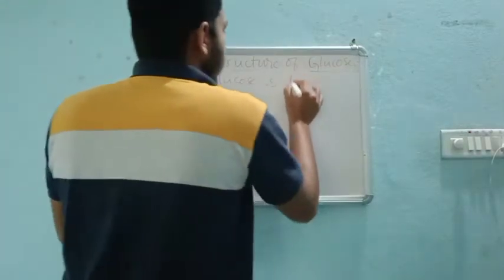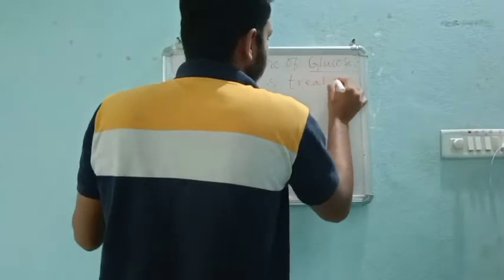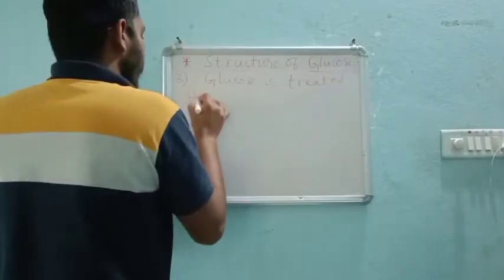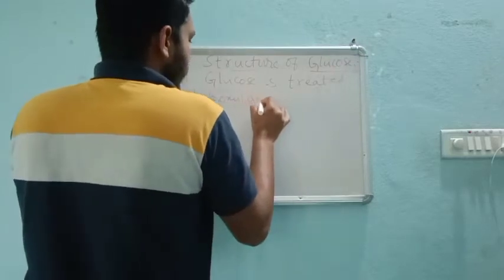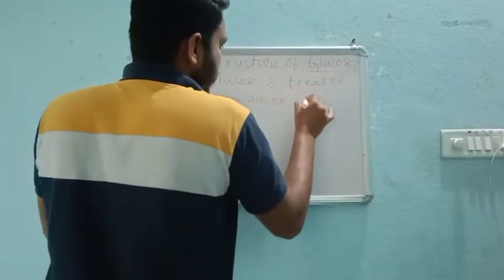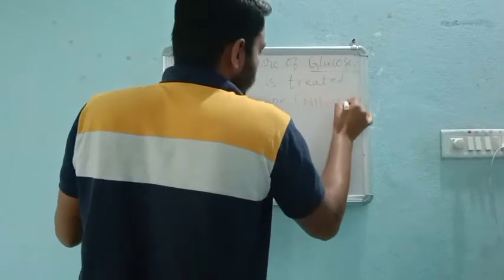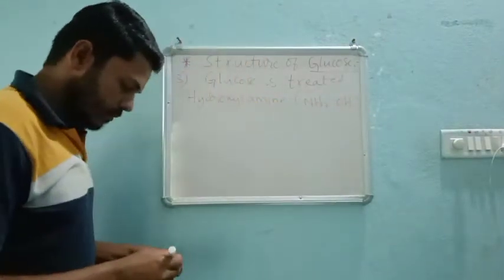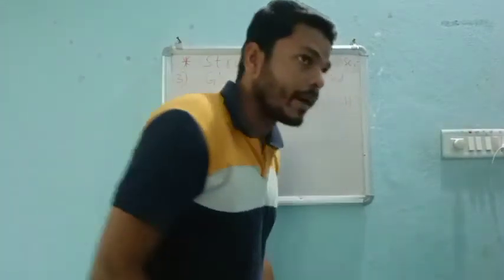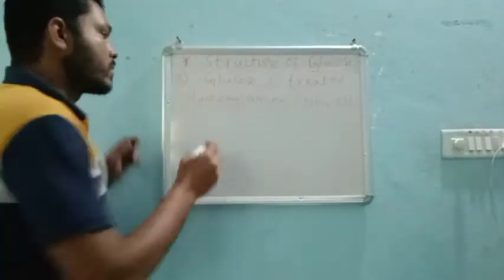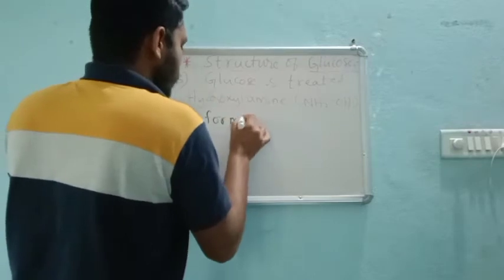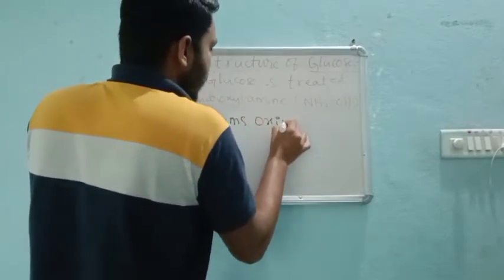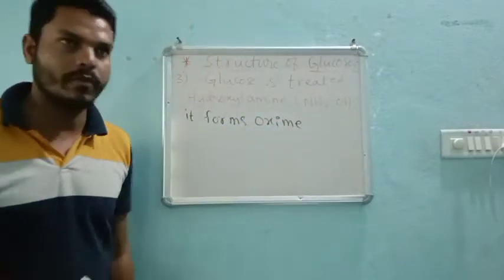Glucose is treated with hydroxylamine, that means NH2OH. Treated with hydroxylamine, it forms oxime. What is oxime? We will see.